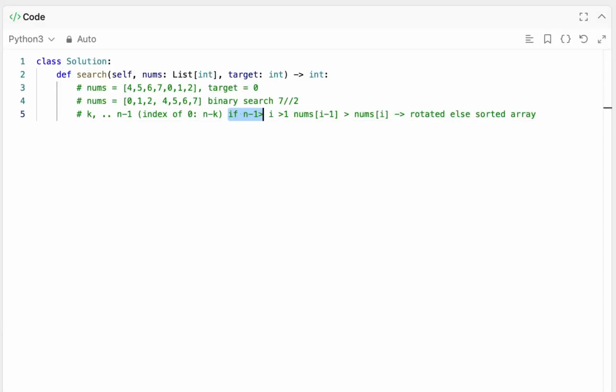So is there a way to actually find this k, this I, where for the first time we have this 7 being higher than 0? For me, if I go through the whole array, it would be O of n, right?